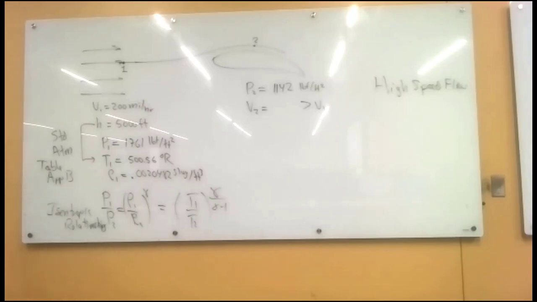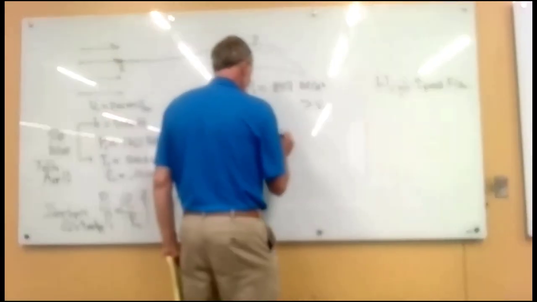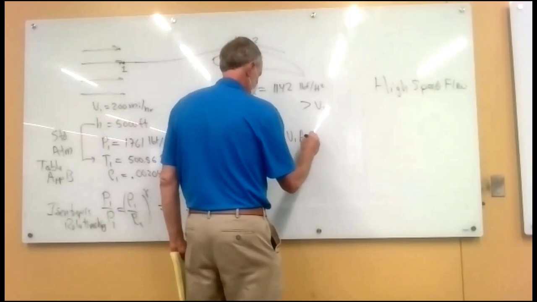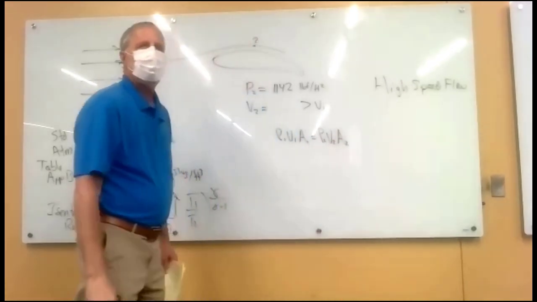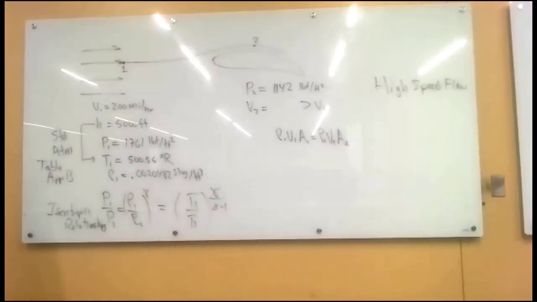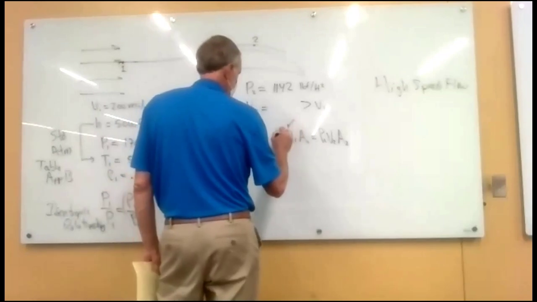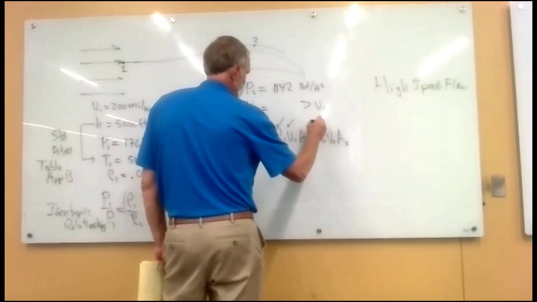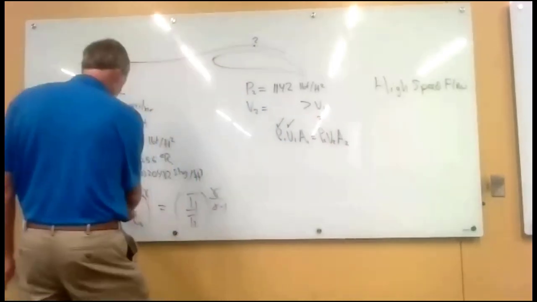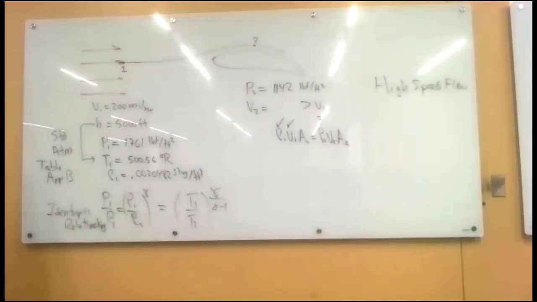And now we look at it and we say, okay, I don't know V2, so I need an equation that has V2 in it. All right, let's write one down. So we look in our toolbox and we pull out this equation. And we go, all right, we know V1. We know rho 1. Don't know rho 2. But maybe we could use this stuff down here to get rho 2, right?